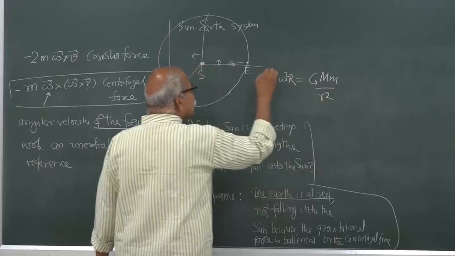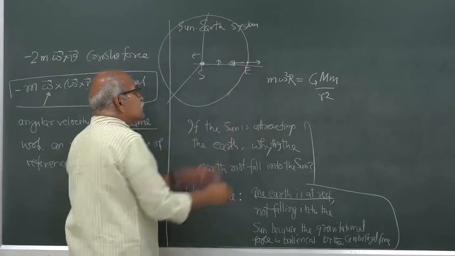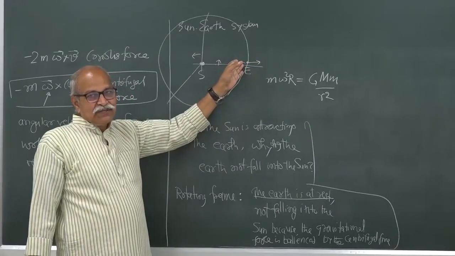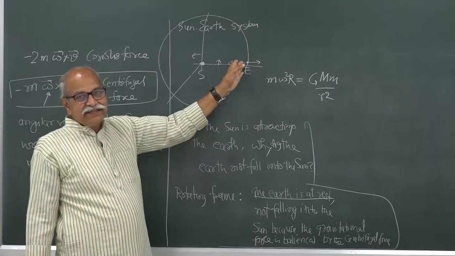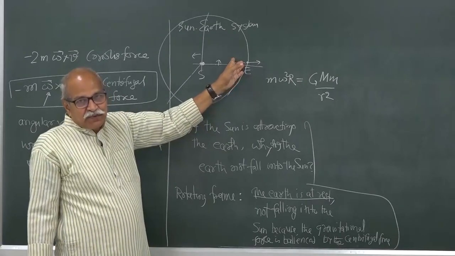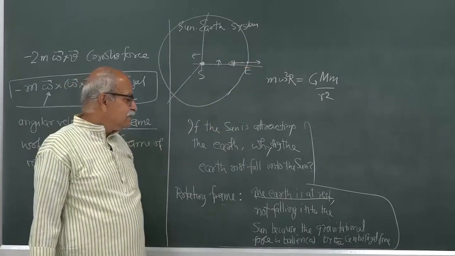These are two forces, one force is this way, another force is this way, and these two forces balance each other. The resultant force is 0, so resultant acceleration is 0, and if it is not moving, it will not move. So, it will just stay there. This is the correct sentence.